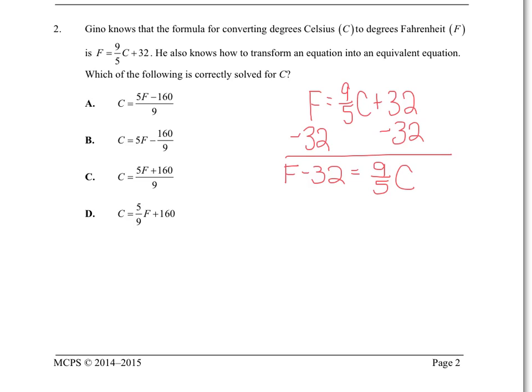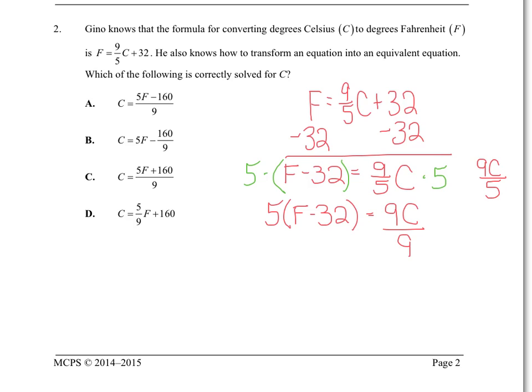Now to get rid of that 9/5, it's the same as looking at it as 9C divided by 5. So to get rid of division by 5, the first thing we're going to do is multiply both sides by 5. But remember, we're multiplying this whole part here by 5. So I'm going to have 5 times F minus 32 equals 9C. To get rid of multiplication by 9, I'm going to then divide everything by 9.